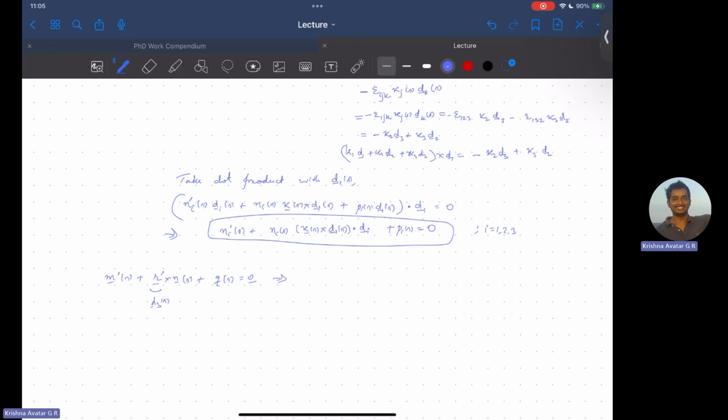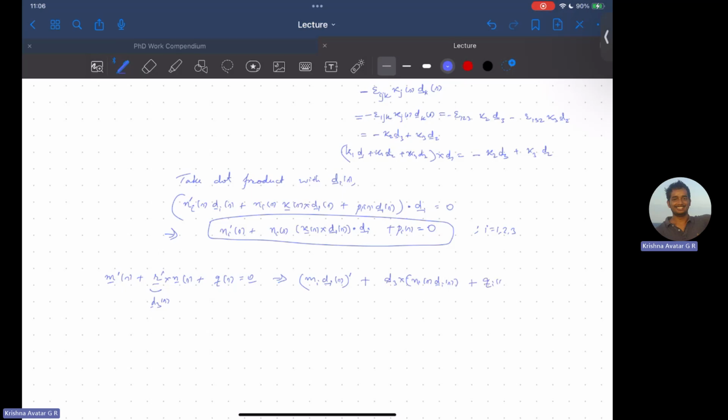Again in a similar fashion, we have mi di of s whole prime plus d3 cross n vector of s plus qi di of s.